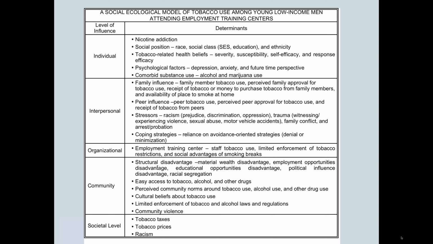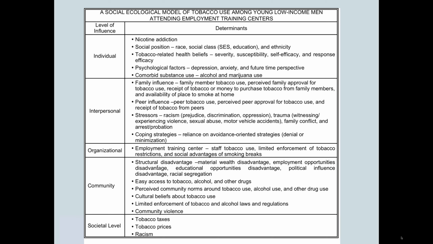At the interpersonal level of influence, we have family influences such as family member tobacco use, family approval for tobacco use, receipt of tobacco or money to purchase tobacco from family members, and availability of a place to smoke at home. Peer influences include peer tobacco use, perceived peer approval for tobacco use, and receipt of tobacco from peers.